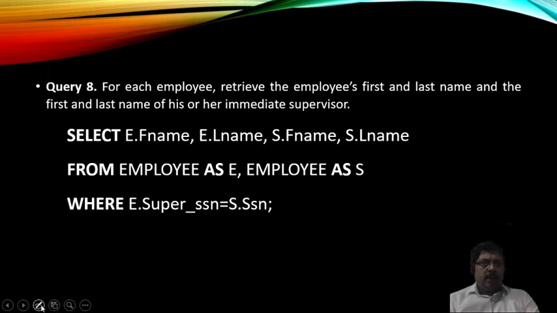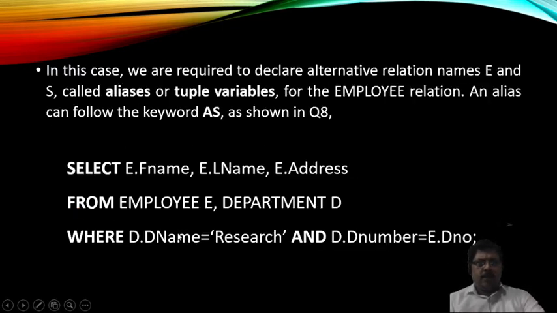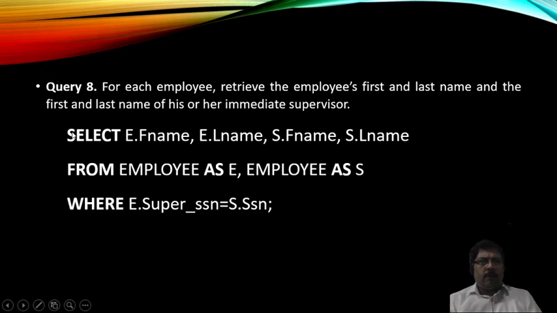In self join, we are joining within the table. So here we are joining employee and employee, the same table, and we are giving alias names E for employee and S for employee.